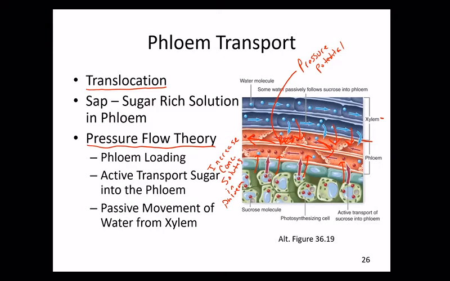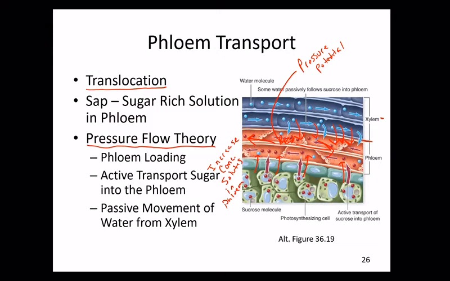And so as we increase this pressure potential, because water is passively moving in as a result of the increased concentration, reduced solute potential, that increases the physical pressure in there, which will cause the liquid, the sap, to move away from that particular location. And it moves in both directions. Okay.